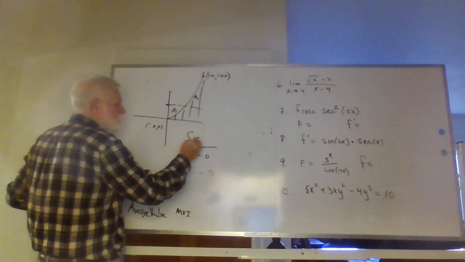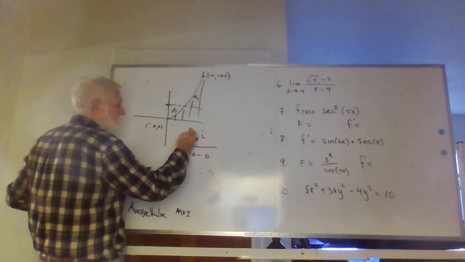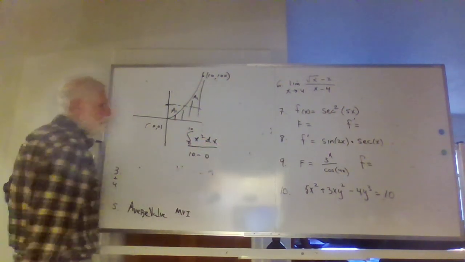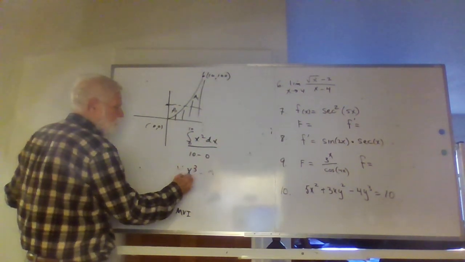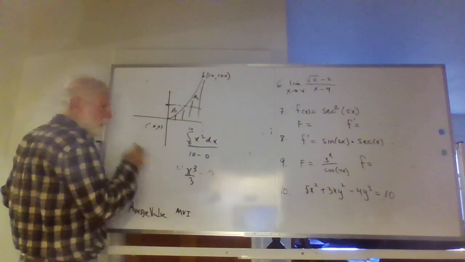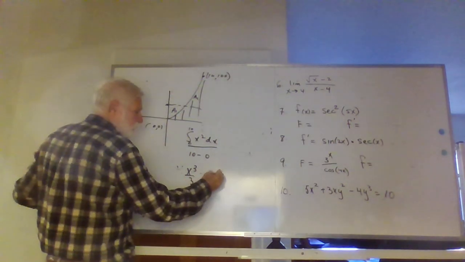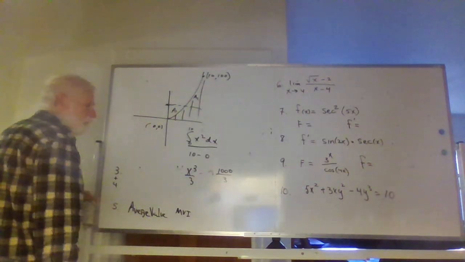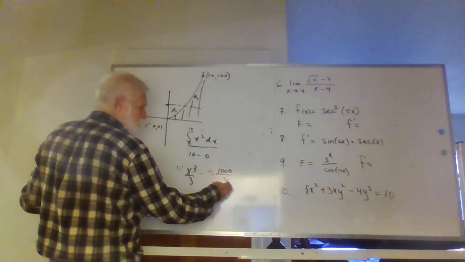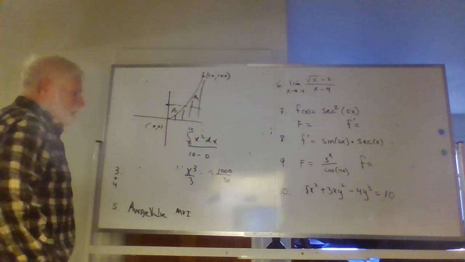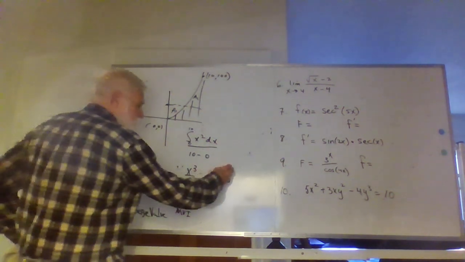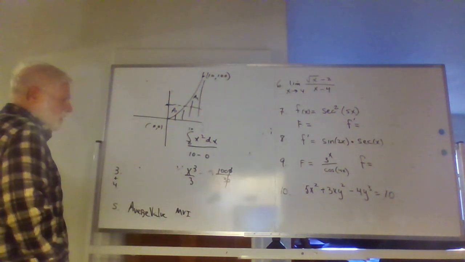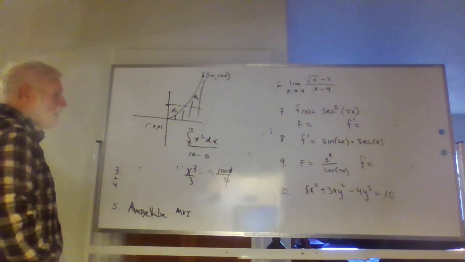That's integrating x squared from 0 to 10. And if I do that out, I get x to the 3 over 3, and dropping a 10 in gets me 1,000 divided by 3, and dividing that by 10 means I'm dividing this by 30. And we can cancel one of the zeros. And so it looks like I've got a height of about 33 1/3.